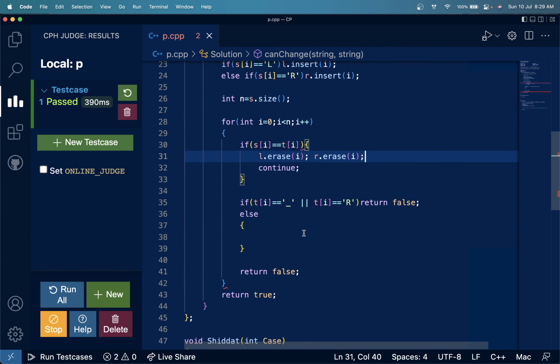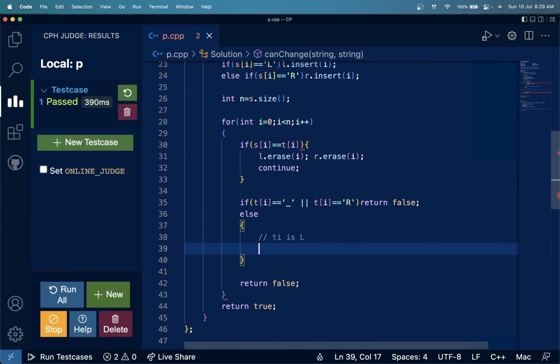If the target is left, and the target is right here.